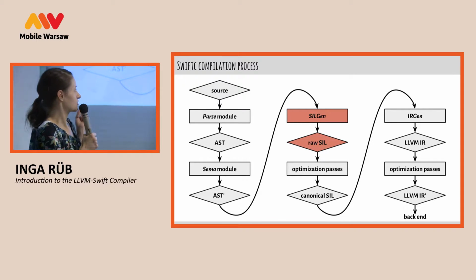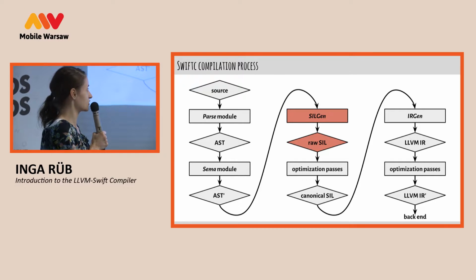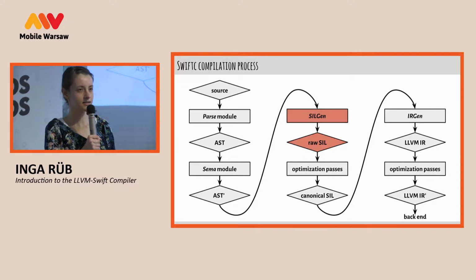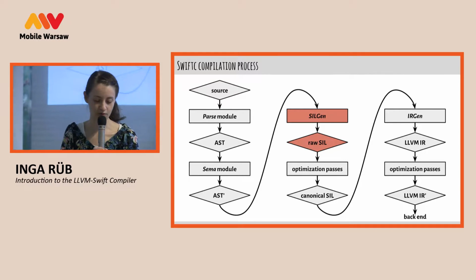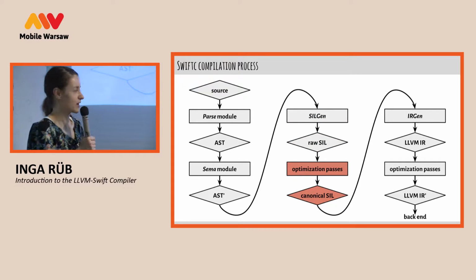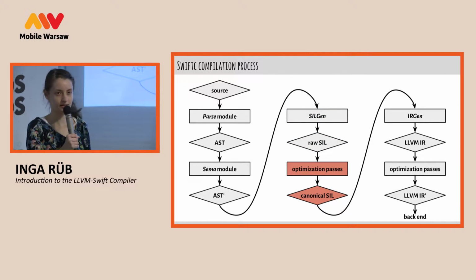The SIL that we have when we pass our source code to the SIL generator is raw SIL. It still contains some data flow errors and it is not diagnosed SIL, but then we can move on to optimization passes and diagnostic passes, and then we get canonical SIL.